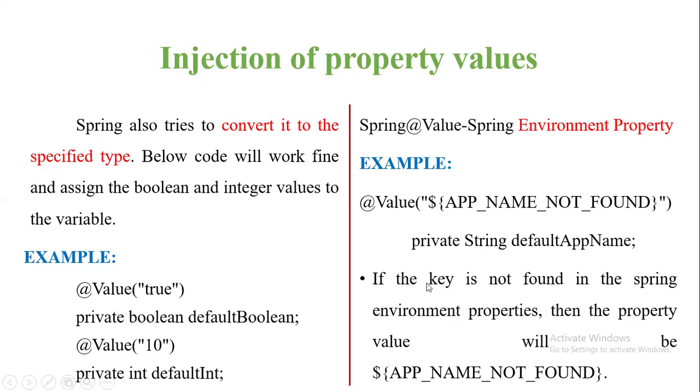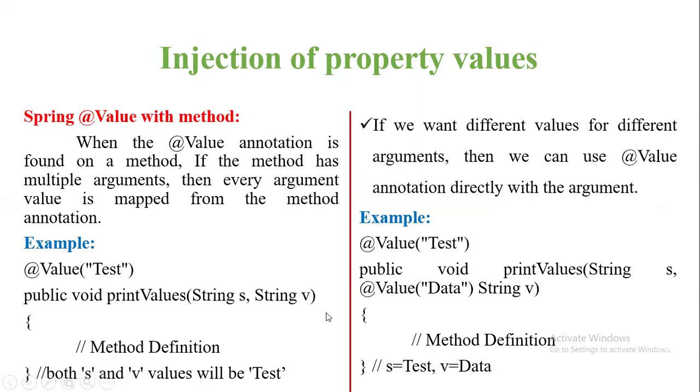Suppose the key is not found in the Spring environment properties, then the property value will be the default app name not found. We can assign a default value that will get assigned if the key is missing from the Spring environment properties.